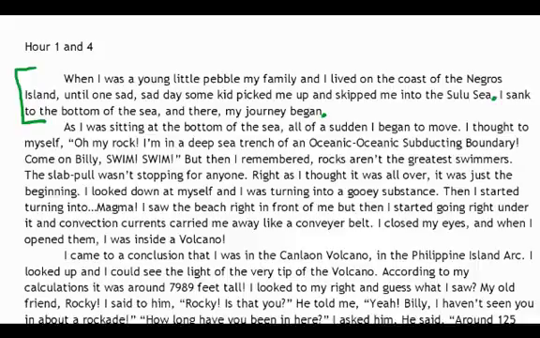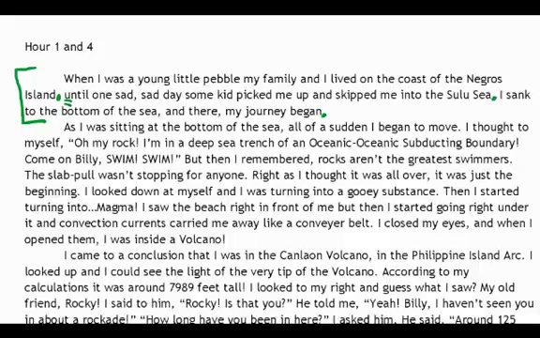So let's go ahead and take up the first line. When I was a young little pebble, my family and I lived on the coast of the Negros Island. There's the first sentence. That's one complete idea. I'm a little pebble living on the Negros Island. So this should really be a period, and this should be a capital letter. Let's talk about this first sentence a little bit.